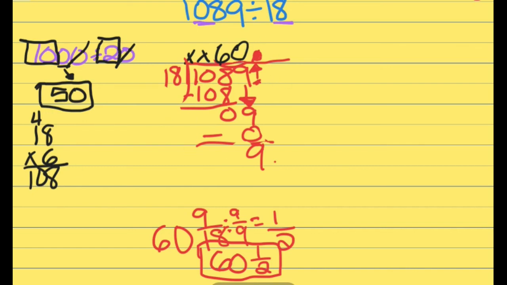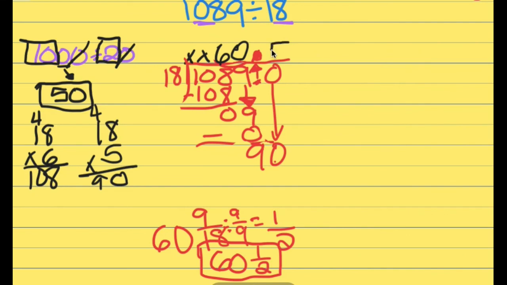And then after we bring up the 0, we're going to bring the 0 down. So now we'll have 90. How many times can 18 go into 90? I'm going to estimate 18 times 5. 8 times 5 gives us 40. I'm going to carry the 4, and then 5 times 1 gives us 5, plus 4 gives us 9. Look at that, we hit it on the nose again.